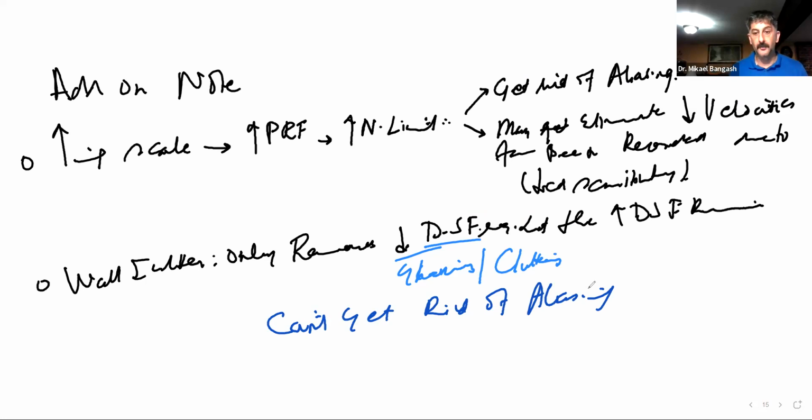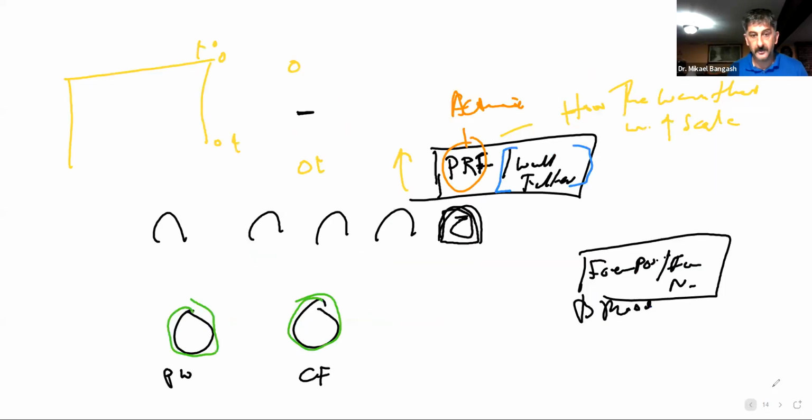Aliasing was due to not only high Doppler shift frequencies, but very high Doppler shift frequencies, so high that they didn't fall within the normal limits of the spectrum.